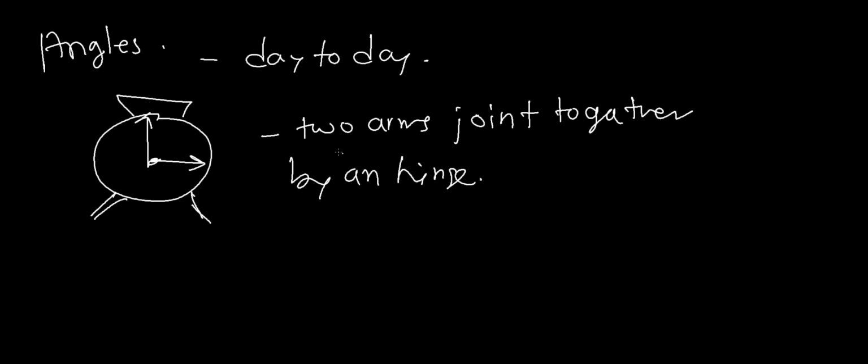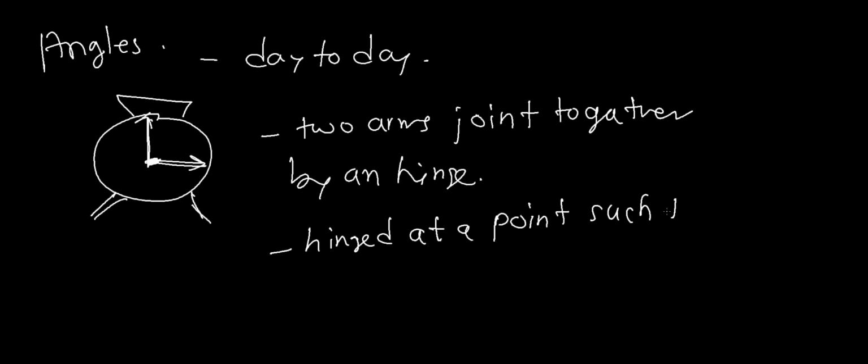For example, these are two arms of the clock. They are joined together by the hinge.